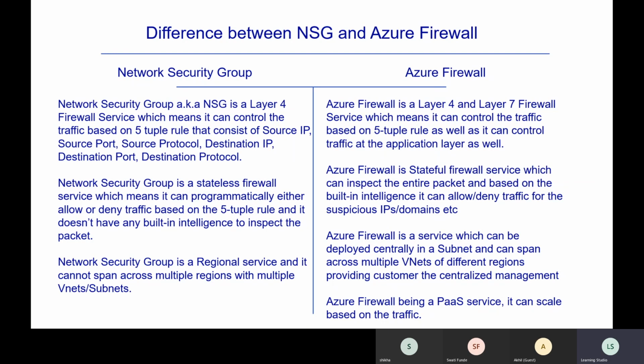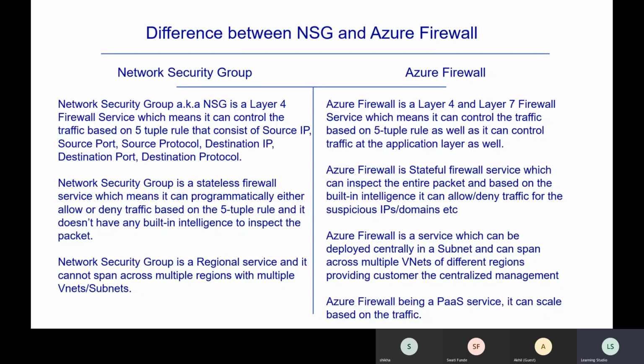So all the traffic which is originating from my East US2 network and my West India network will go via my Azure Firewall, which is sitting in East US2. So this way we can have centralized management, and since Azure Firewall can scale across multiple regions, we can use one single firewall across multiple regions.